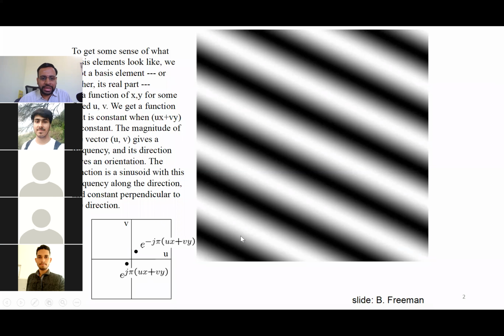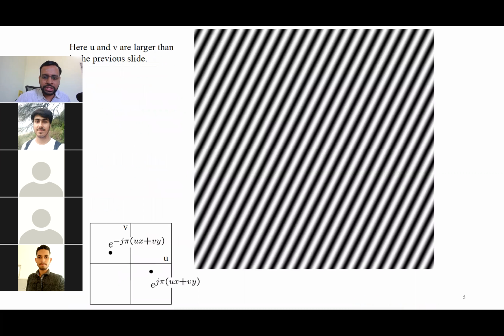Here the orientation is in this direction, so your e power j and e power minus j should be here. Now this orientation has changed in this direction, so they also should be in the same direction here.